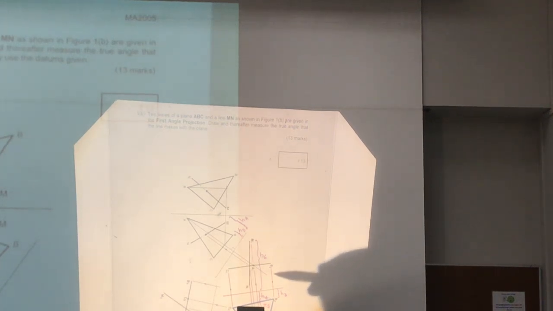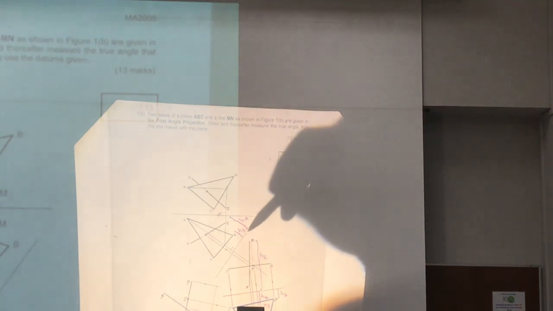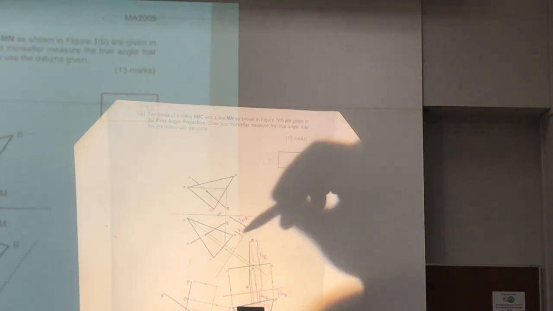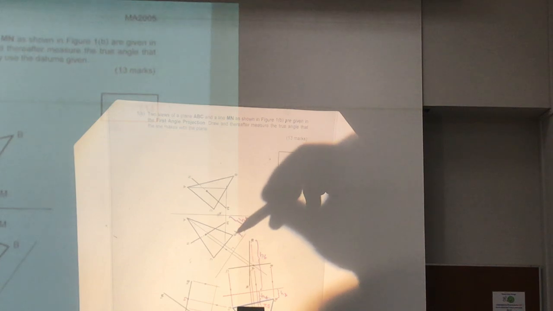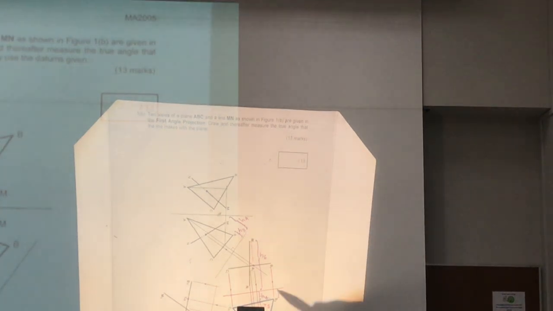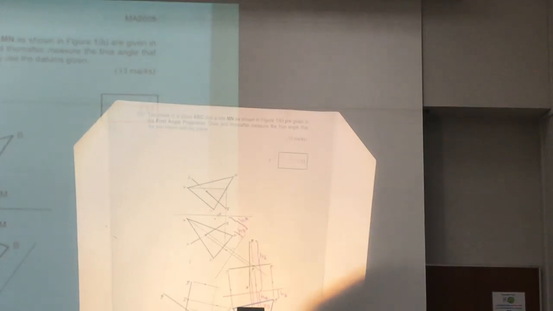This height here for B, where's my B? My B is here. From here to here, that's H3. Take this distance H3 and mark it off from the previous height. Then subsequently the same for A, same for C.